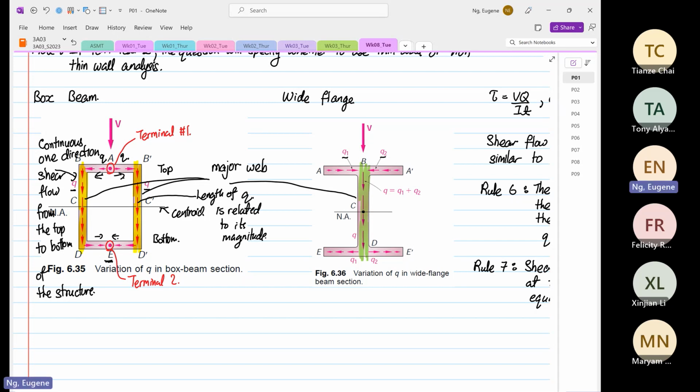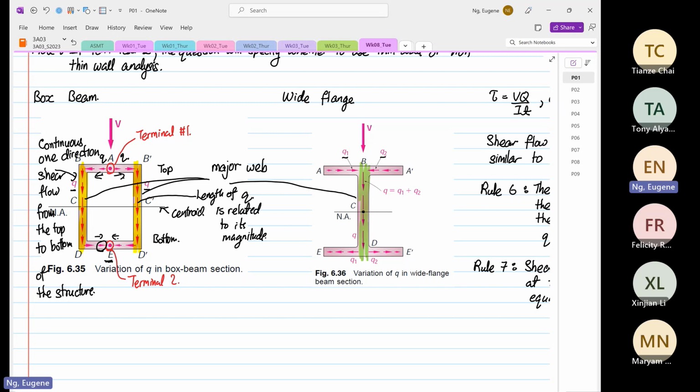The longer the arrow means the higher the Q value. Over here the arrow is so short, which means the Q value is getting smaller. Then at the terminal, there's no Q value. Now, that is for the box beam.